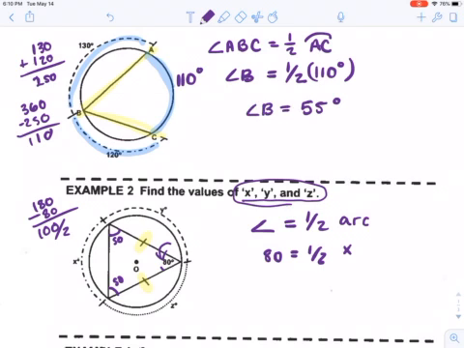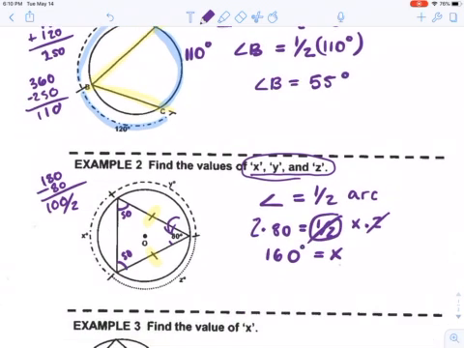If I want to solve for x, I can divide by 1/2 or just multiply both sides by 2. If we multiply both sides by 2, the 2 cancels out with the fraction. And 2 times 80 is 160, so x equals 160. Or another way to think of this is, 80 is half of what number? 80 is half of 160. So x is 160 degrees.